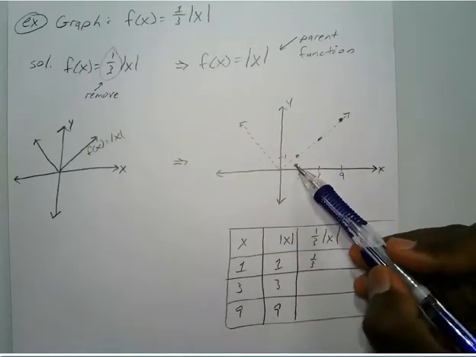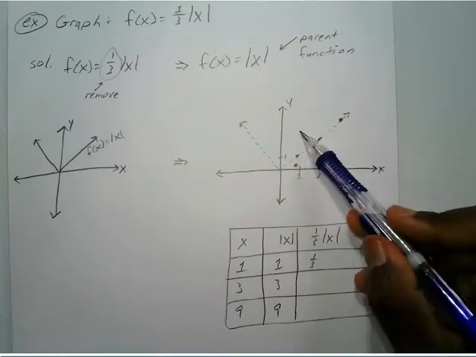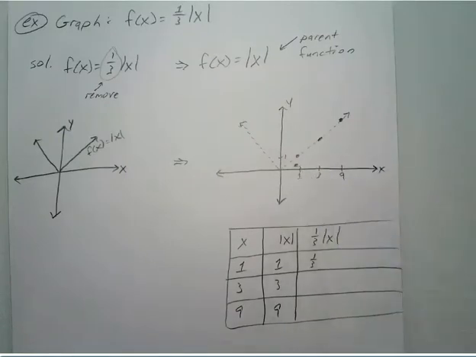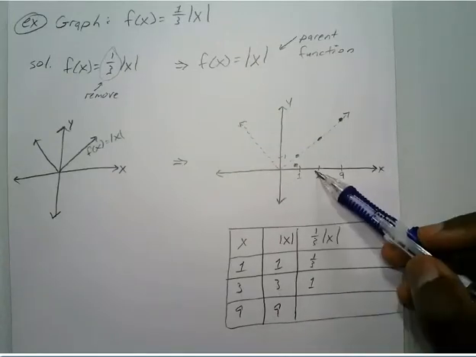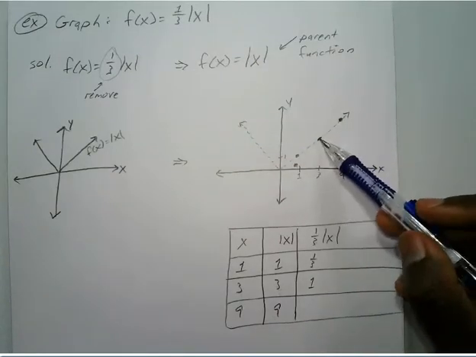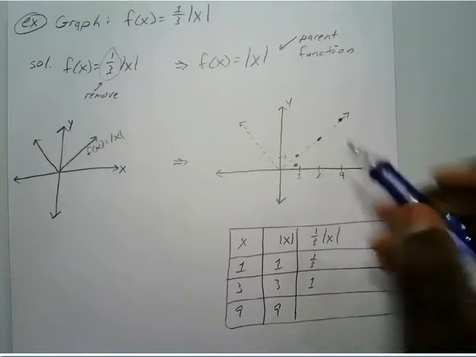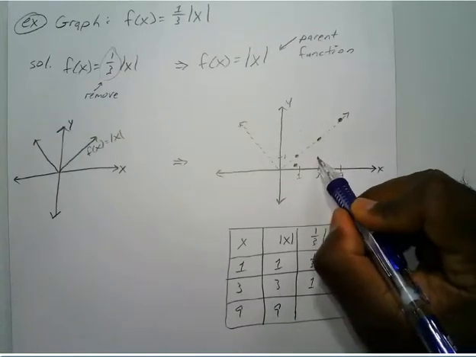See, it's shrinking vertically. It's going down. It's not getting bigger like the one before. It's getting smaller. The absolute value of 3 is 3. If we multiply that by 1/3, 1/3 times 3 is 1. So multiplying by 1/3 drops it to 1.